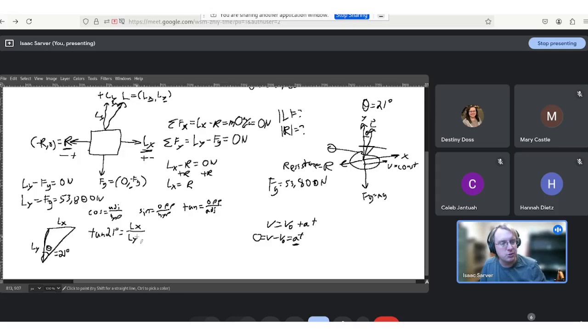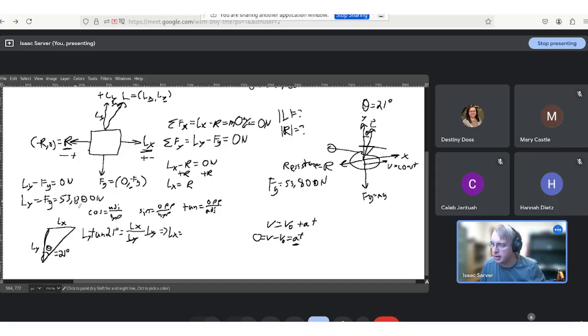What is the opposite of division? I need to multiply by Ly on both sides. So this Ly will cancel with that Ly, and we find that Lx is equal to Ly times tangent of 21 degrees.